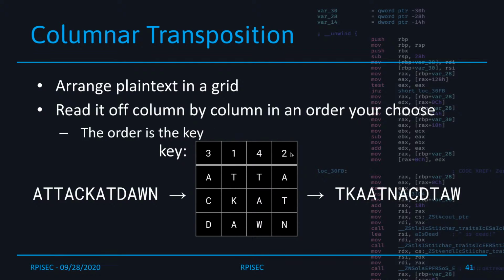So 3142 means this column first, this column second, this column third, and this column fourth. And then to generate the ciphertext, you read off each column in order. So TKA and then ATN, and append them together, ACD, TAW.